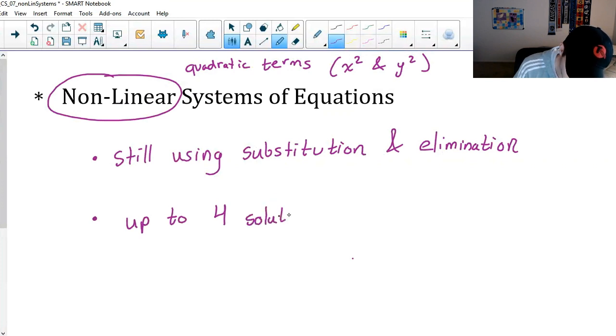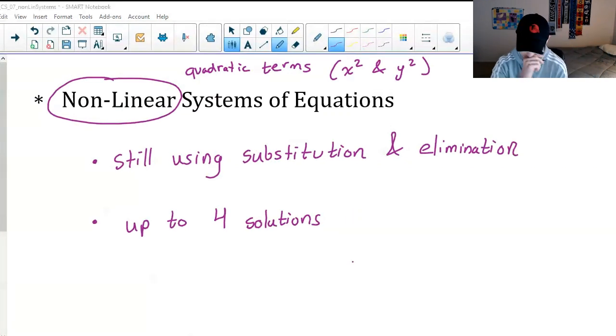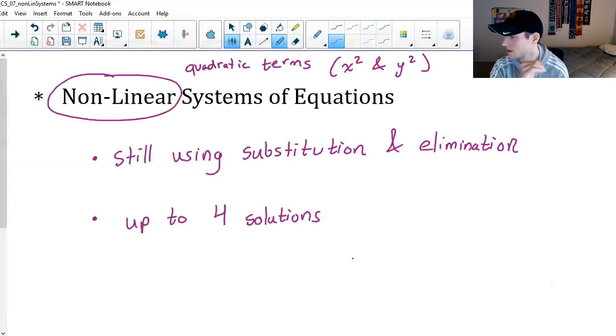When we solve these, we're going to get up to 4 solutions, depending on the problem. I think it was Jacob that asked in the last class what the different options are. For linear systems, there are 3 choices: we can end up with one single solution, no solutions, or infinitely many solutions.